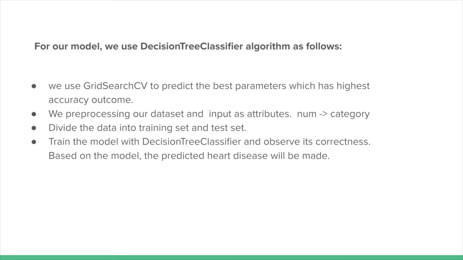So we change the numbers to categories. We create dummy variables, and it can create smaller attributes as columns. After that, we divide the data into a training set and a test set. Then we train the model with the decision tree algorithm and observe the result. And the result will predict heart disease.